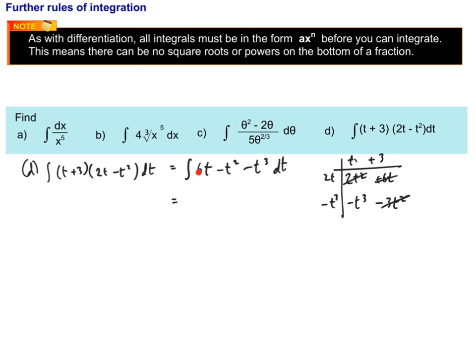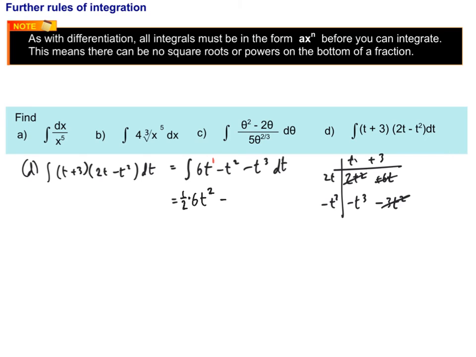Now I just integrate each of these little bits with respect to t, one at a time. So 6t, the 6 doesn't change. I've got t to the power of 1 there, so I increase the 1 and divide by that new power. So I'm going to have to find a half of that.